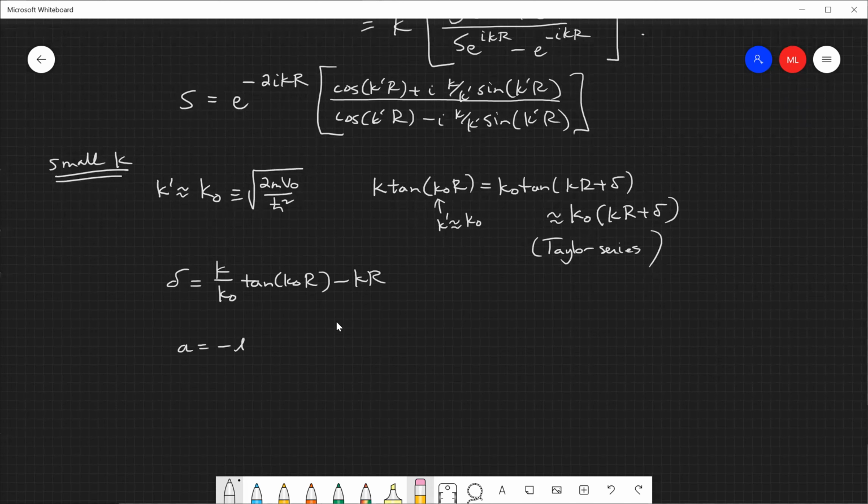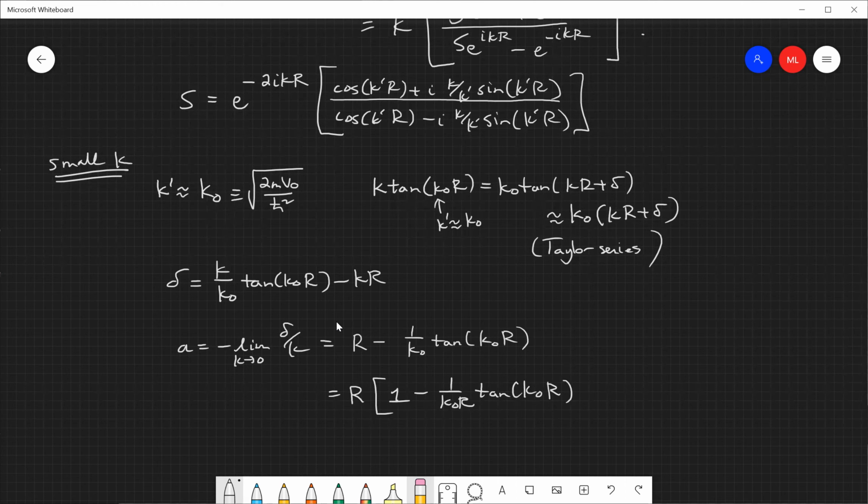Again, remember it's minus the limit as k goes to 0 of delta over k, which in this case is going to be, well, it's r minus 1 over k naught tangent of k naught r. And it's nice to rewrite this as r times 1 minus 1 over k naught r tangent of k naught r.